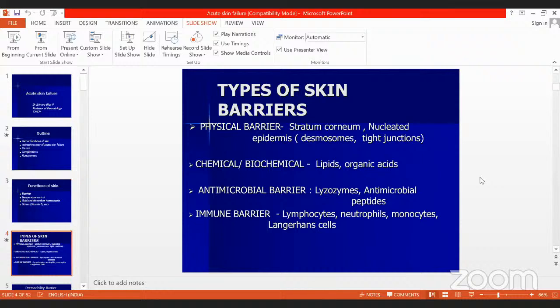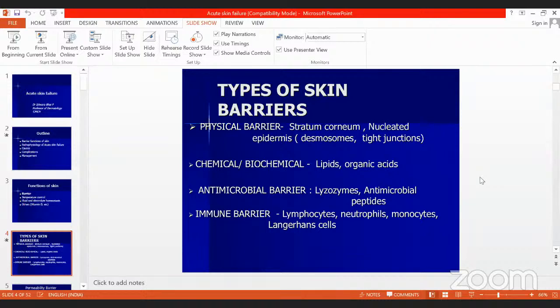So what are the types of skin barriers? It's not just a physical barrier. We think of skin as only a physical barrier from the surroundings, from the environment, but it is not so. There is a physical barrier which consists of the stratum corneum and the nucleated epidermis, but it's a little more complex. There is also a chemical or biochemical barrier in the form of lipids and organic acids. The skin is very active in producing an antimicrobial defense system in the form of various enzymes and antimicrobial peptides.